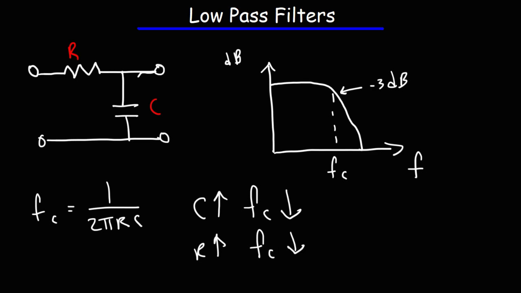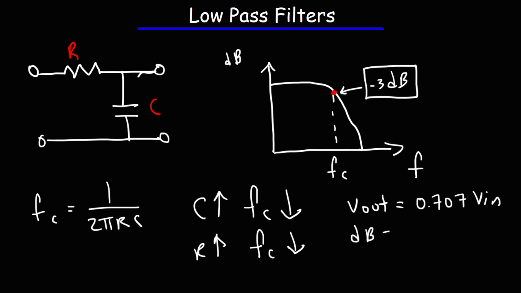Now, at the cutoff frequency, the output voltage will be 70.7% of the input voltage. And at this point, you'll have a decibel drop of 3 dB. You can calculate that using this formula.